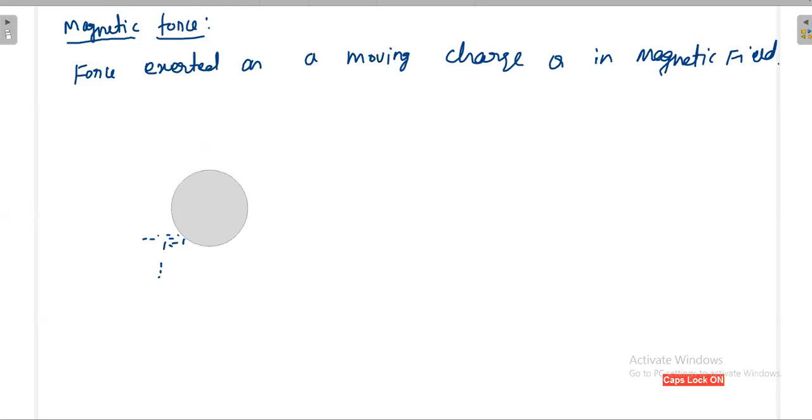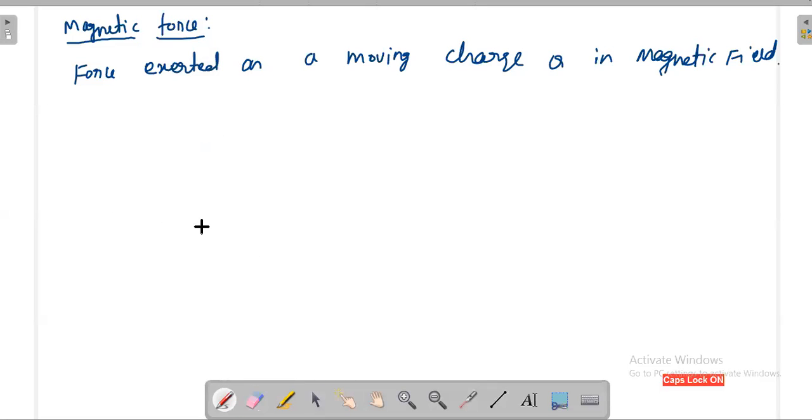The magnetic force Fm depends on how much charge is actually moving, what is the velocity of the charge movement, and what is the magnetic field value. Then this will give you the force as well as the direction of the force.